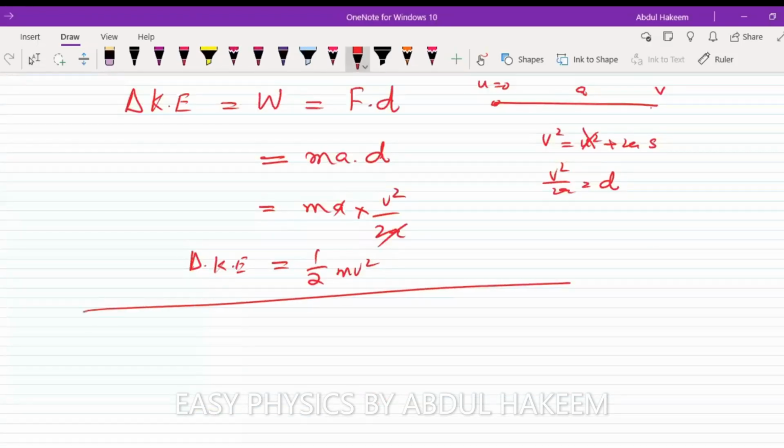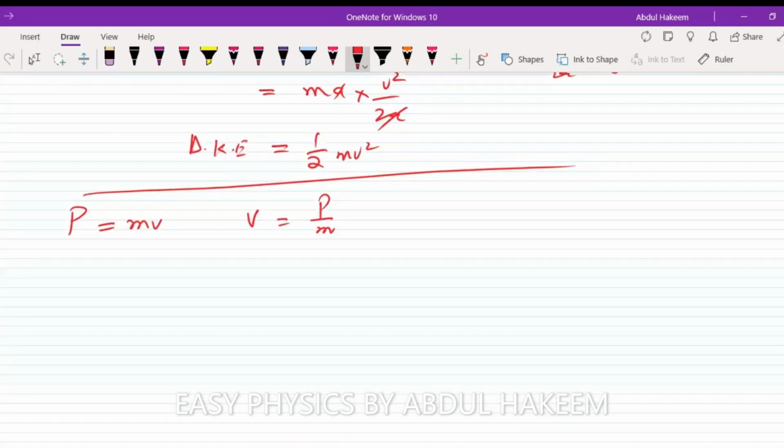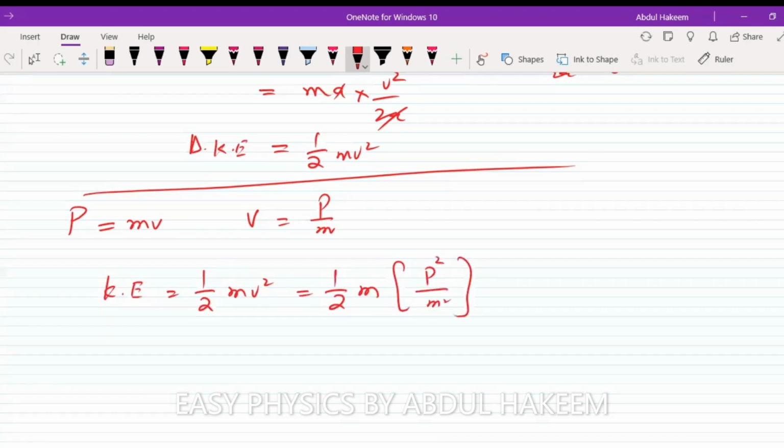Sometimes it is linked with momentum. Momentum is mass times velocity, so velocity is equal to p divided by m. So kinetic energy, 1/2 mv squared, means 1/2 m, and instead of v we write p by m. So p squared over m squared, one m cancelled.